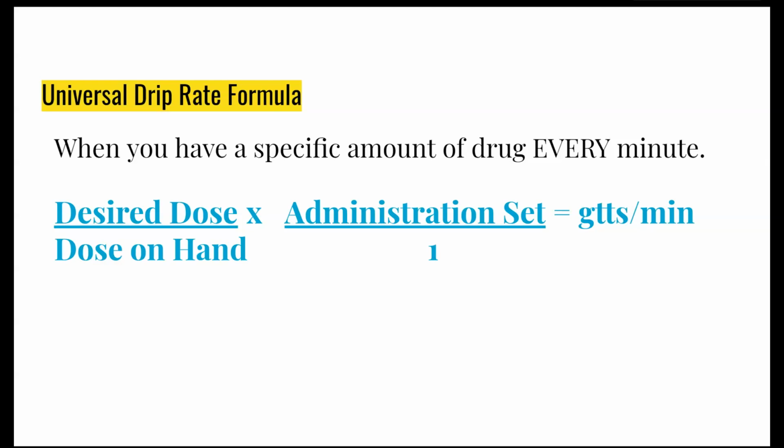So if you're using a 60 drop set, it's going to be multiplied by 60. If you're using a macro drip, for sake of ease, we're going to say it's a 10 drop set. That's going to go here. To make your life easier, you can put that number over 1, just so everything lines up, as some people have a hard time visualizing it. You don't need this 1, if you're okay in terms of understanding where the fractions come in.